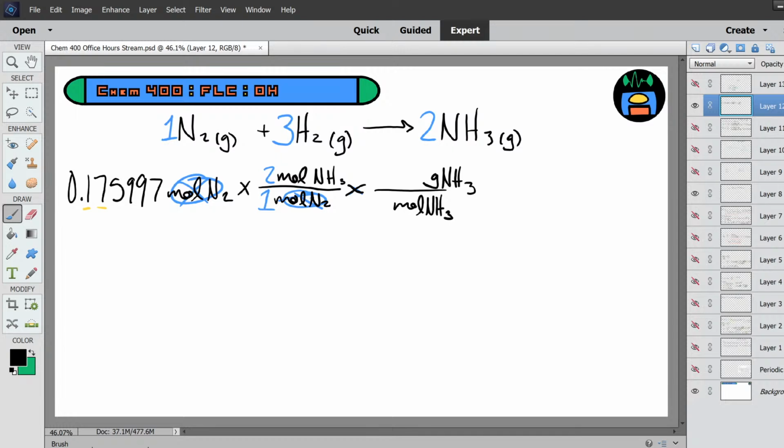All right, so molecular mass of 17.034 with our last sig fig right there.